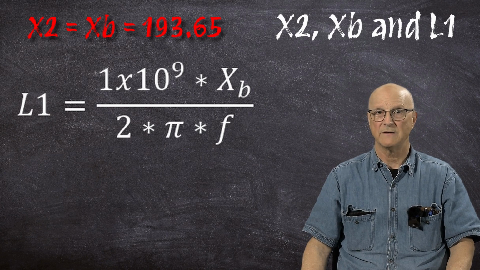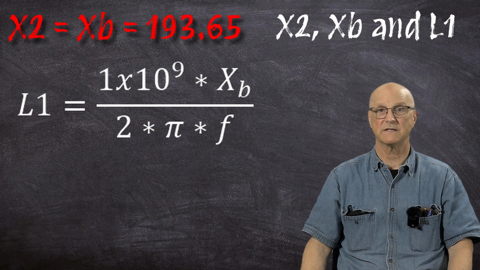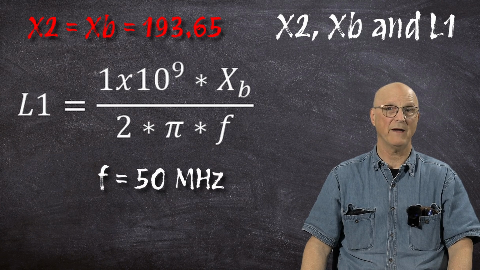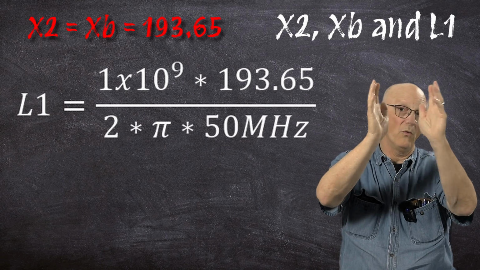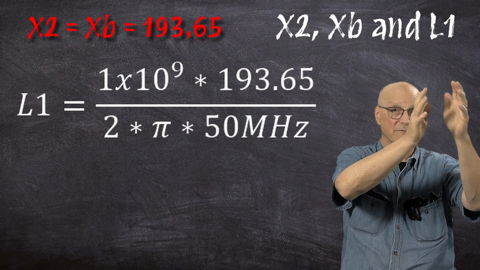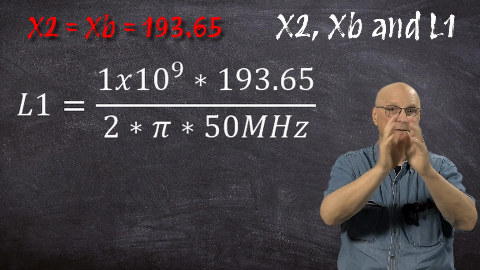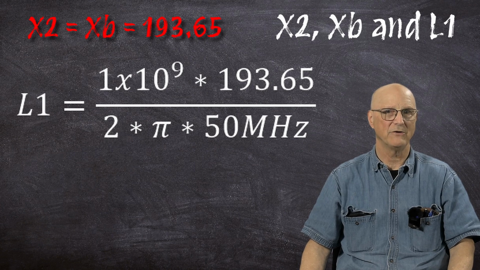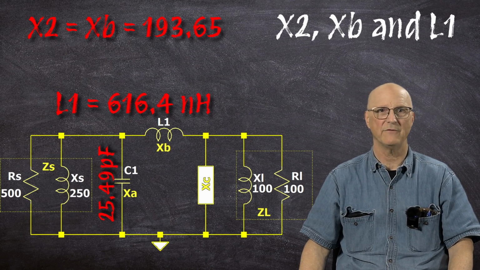And we know the inductive reactance, XB, is 193.65, and we know the operating frequency is 50 megahertz. So that gives us that L1 is equal to 1 times 10 to the 9th times 193.65 divided by 2 times pi times 50 megahertz, yielding a value of 616.4 nanohenries.